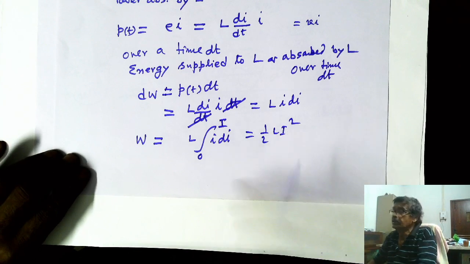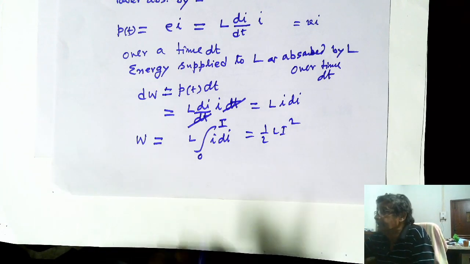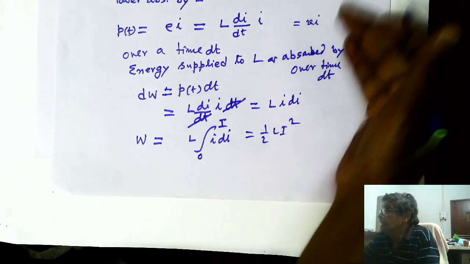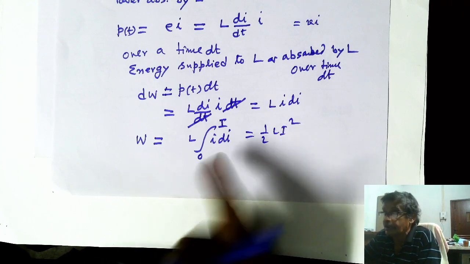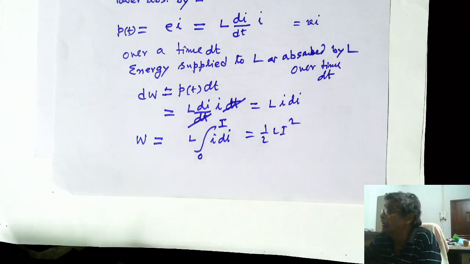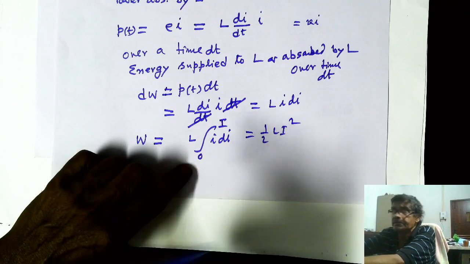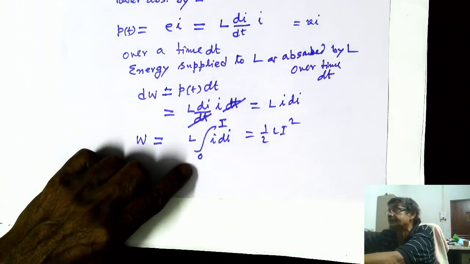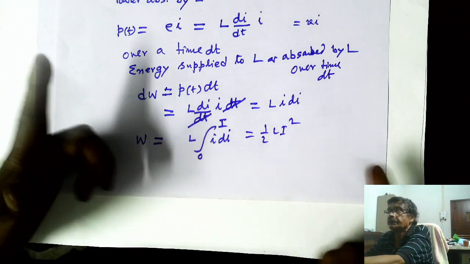Got the point? So for the energy supplied over a given interval of time, at the end of that interval I have to put the limits of integration, which is the value of I. Suppose the initial current was 0, then from 0 to whatever time you are telling, at the end of that time, suppose the current is capital I, I will say half L I square.